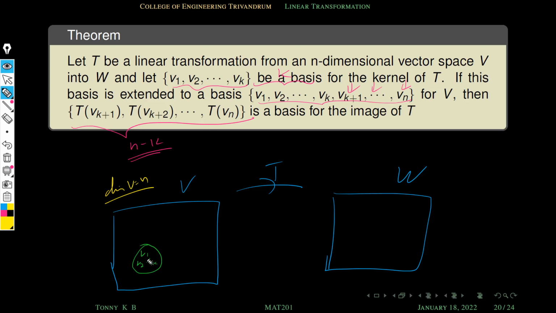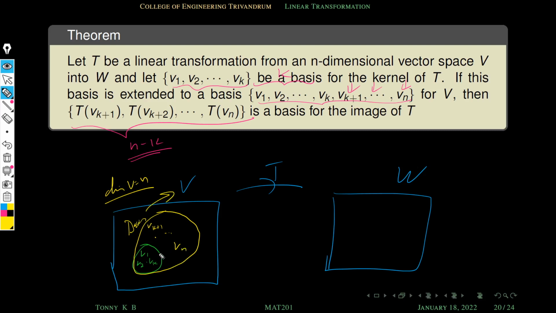Next, we extend this by adding new vectors vk+1, ..., vn. Then think about the new collection. The new collection contains this basis together with the new n minus k vectors vk+1, ..., vn. And what is the property of this new set? The new set is a basis for V.